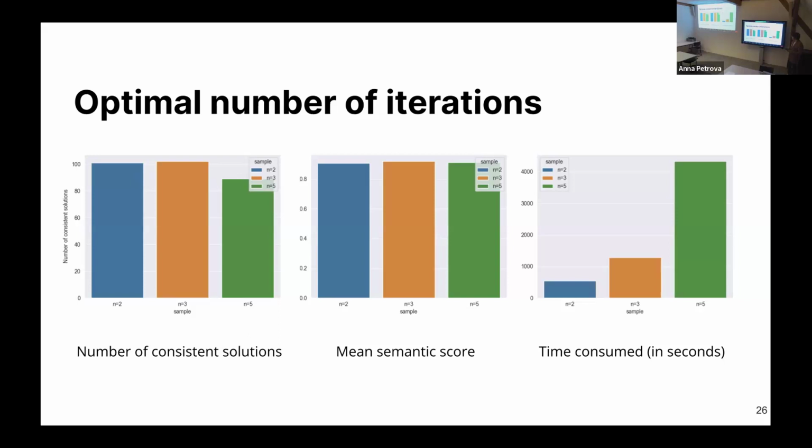As we can see, using only two solutions and computing consistency across two solutions is the best option because it gives the same number of consistent solutions as n equals 3, which was used in the previous experiment. And it's just faster and uses fewer accesses of the language model, so it's cheaper.